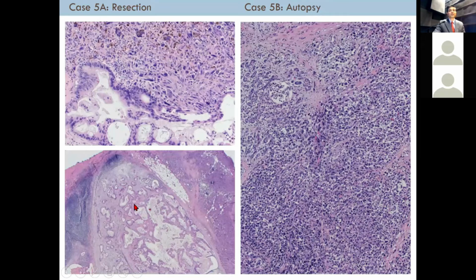And this is an image of a lymph node that shows metastasis by both of these components. In the other patient, autopsy was performed that revealed a large pancreatic mass with similar morphological features to what we saw on cytology, with widespread metastasis.